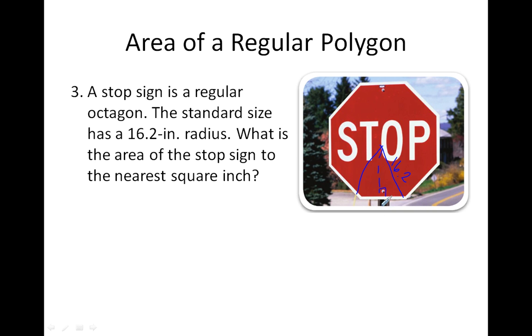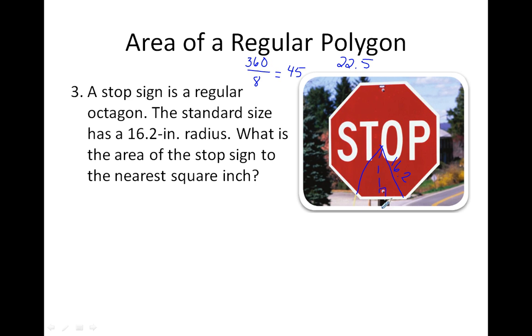So I'm actually going to use trig twice. We're going to start again by finding the angle measure here. We do that by doing 360 divided by 8, and then we're going to take half of that. That is 45. Half of that would make this angle 22.5.